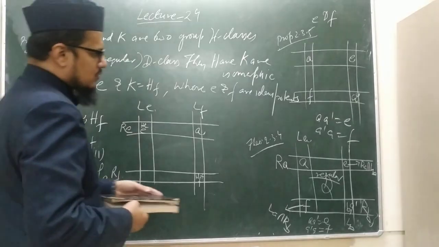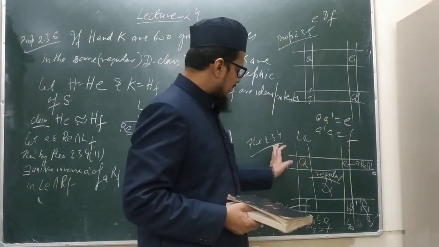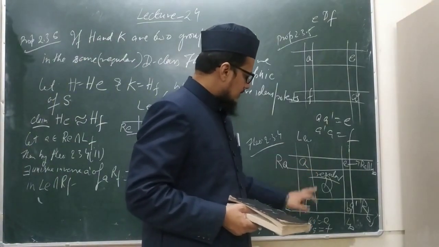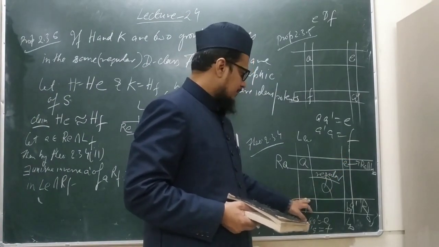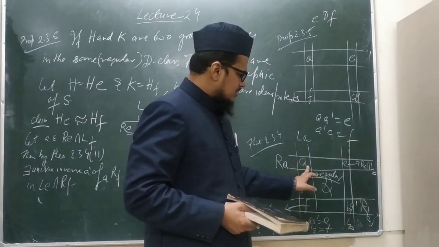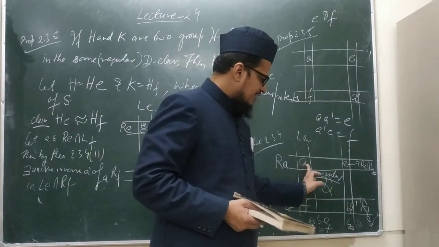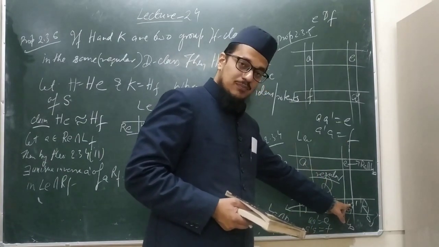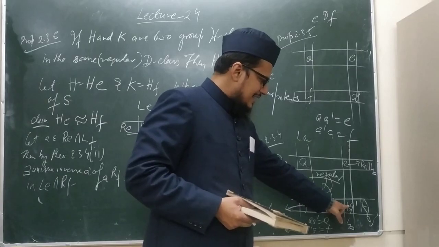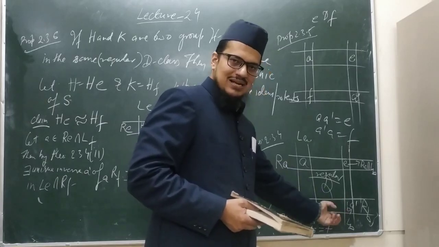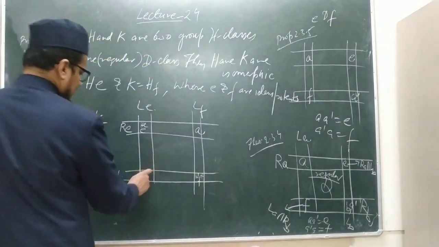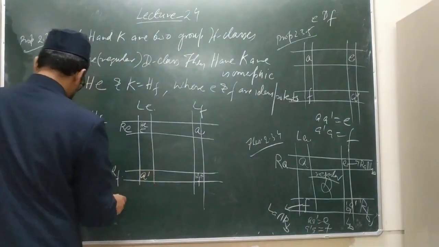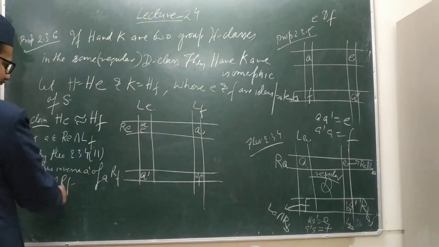As we have seen in theorem 2.3.4 second part, if E and F are present diagonally, then the inverse exists in the diagonal position. Here A dash will exist here, such that A A dash is equal to E and A dash A is equal to F. So there exists a unique inverse A dash of A in LE intersection RF.